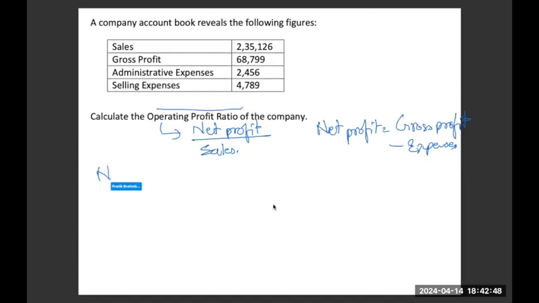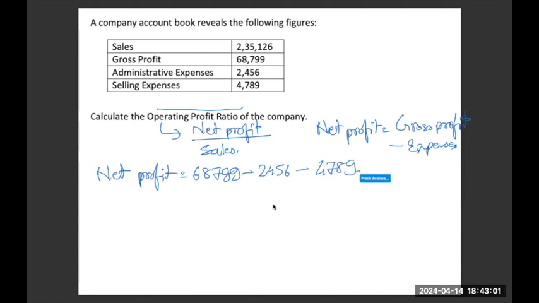The net profit will be equal to the gross profit, which is 68799, minus expenses 2456, minus 4789, which is equal to 61554.